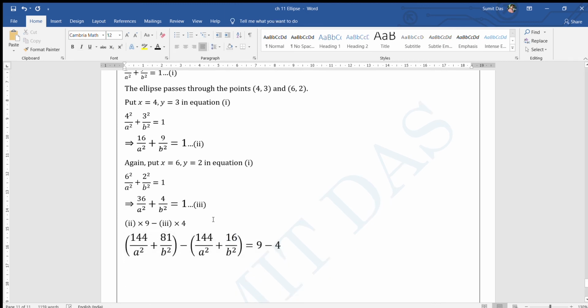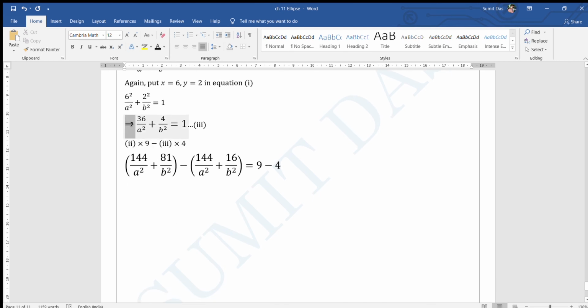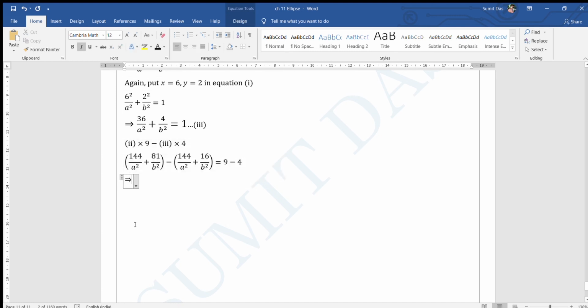Now if you simplify this one, 144 by a square plus 81 by b square minus 144 by a square minus 16 by b square, which is equal to 5.